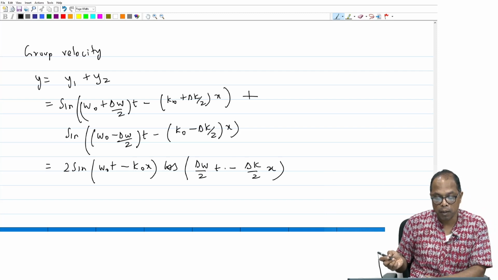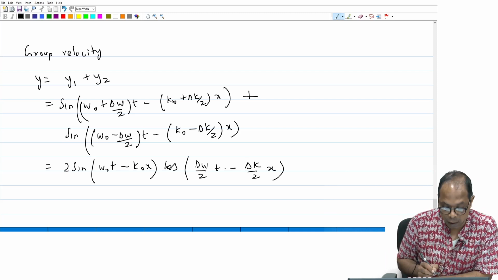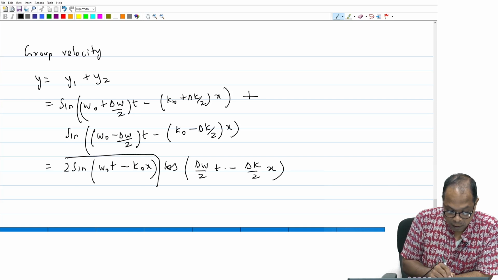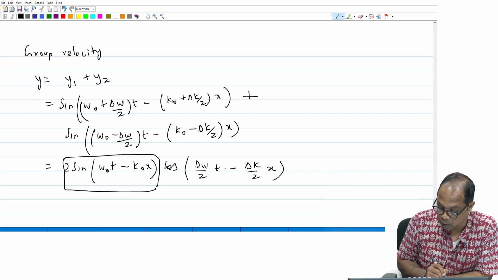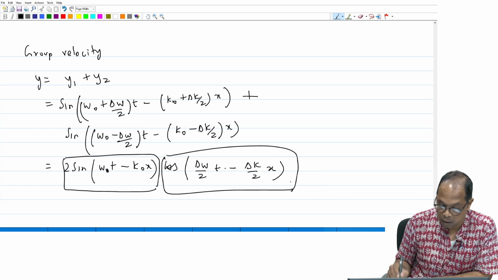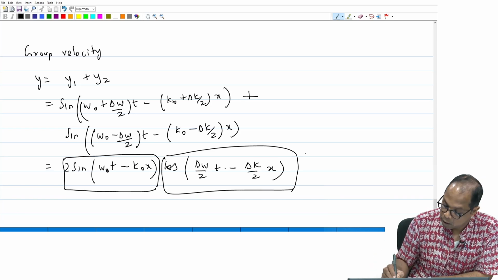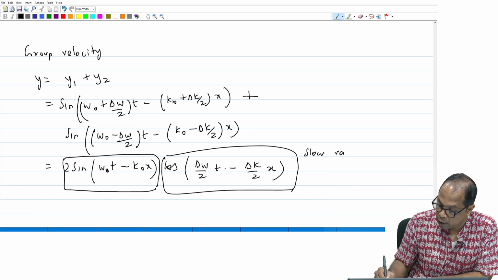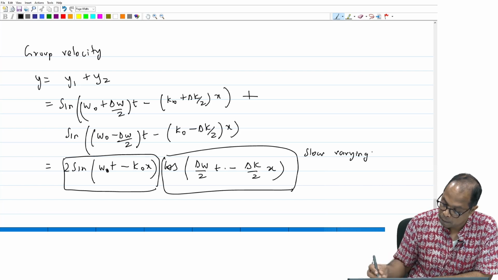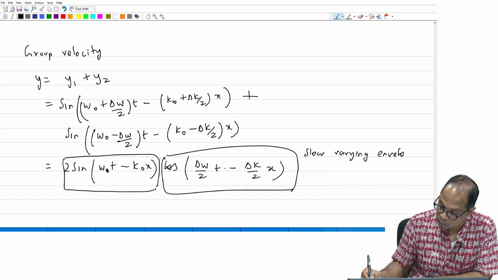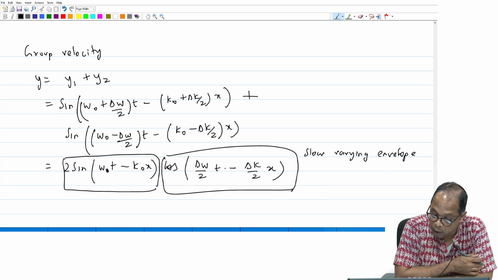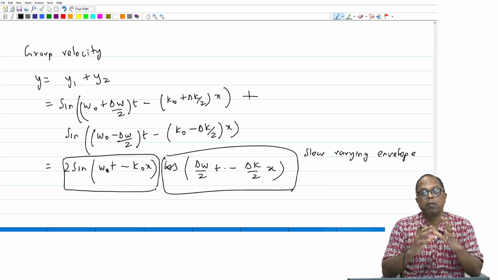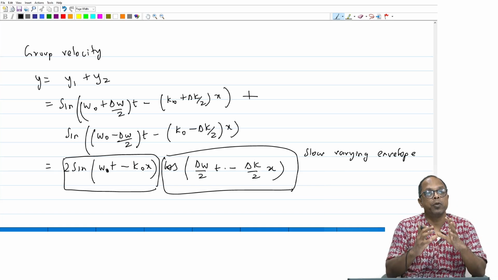So what's happening is you have a fast varying waveform in time, sine of omega naught t minus k naught x, and then there is this slow varying envelope, because delta omega is much smaller than your omega naught, and this envelope carries the amplitude information.